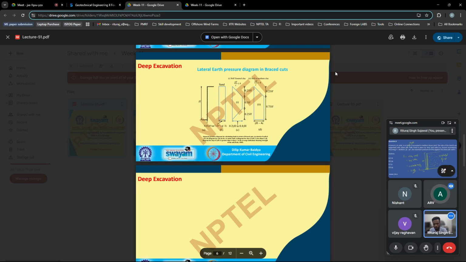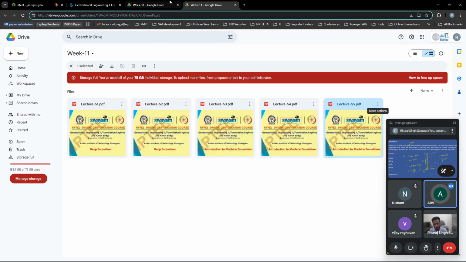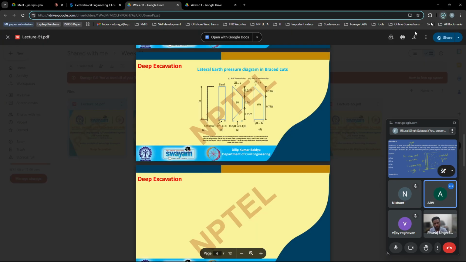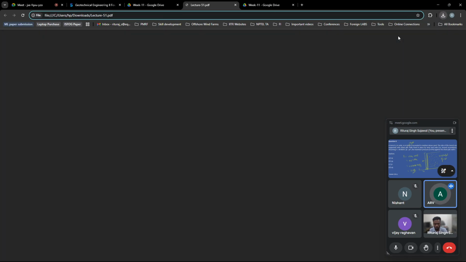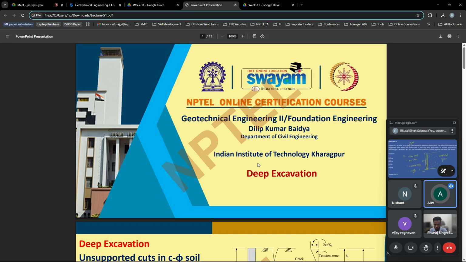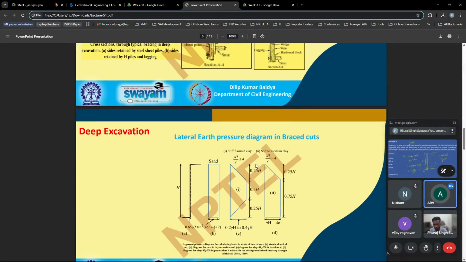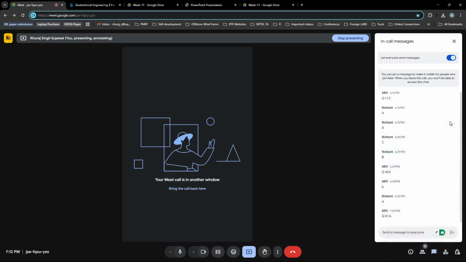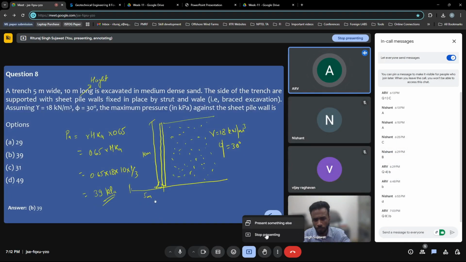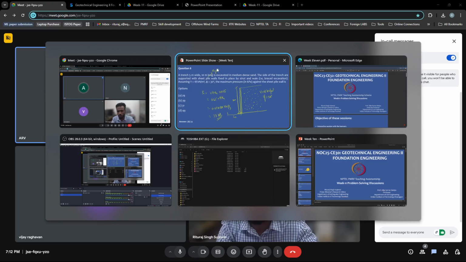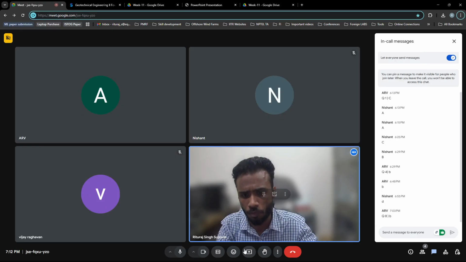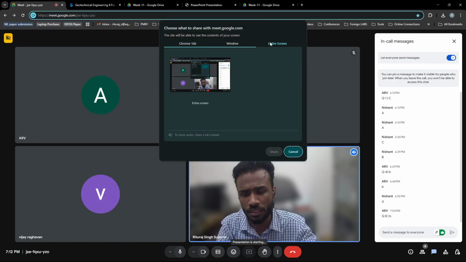They have recommended three pressure distribution diagrams: one for sand, stiff clay, and soft clay. In that, they have given the variation of the pressure diagram as well as the pressure values. It's mentioned in one of the deep excavation topics, but the derivation is not mentioned, how you got 0.65.